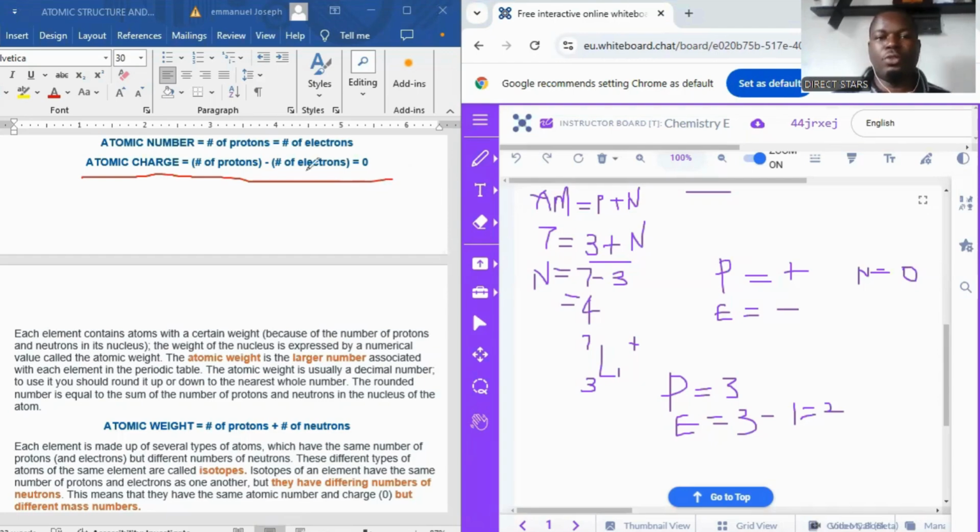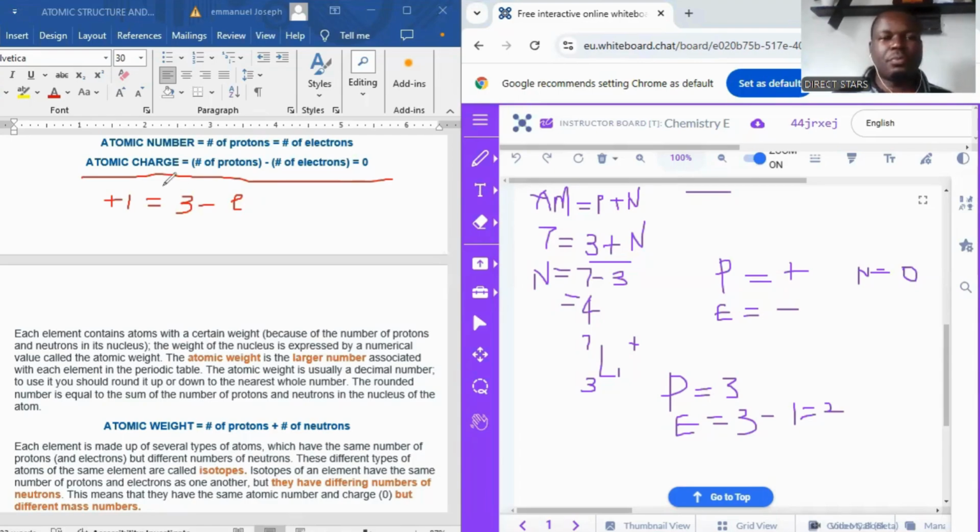If you use this formula, all you need to say is the atomic charge here is +1. The number of protons in lithium is 3. I am looking for the number of electrons, so I'll just make that E, because it's the electron you always want to look out for. The proton is exactly what you have as your atomic number.